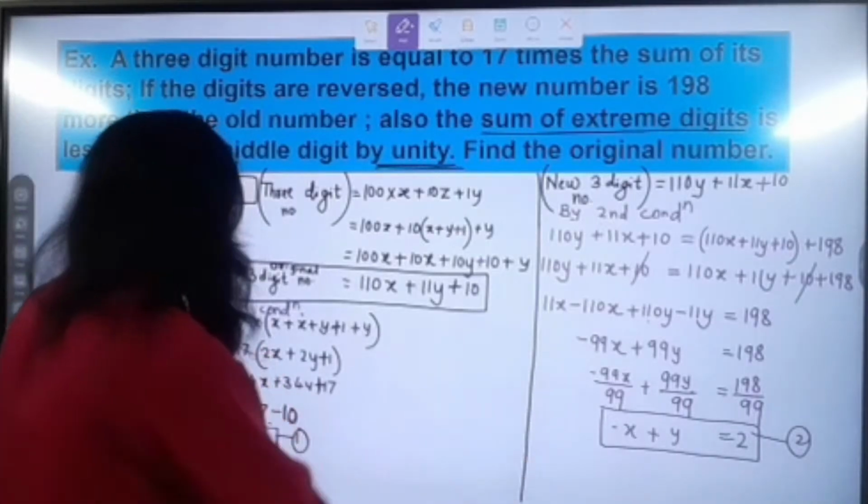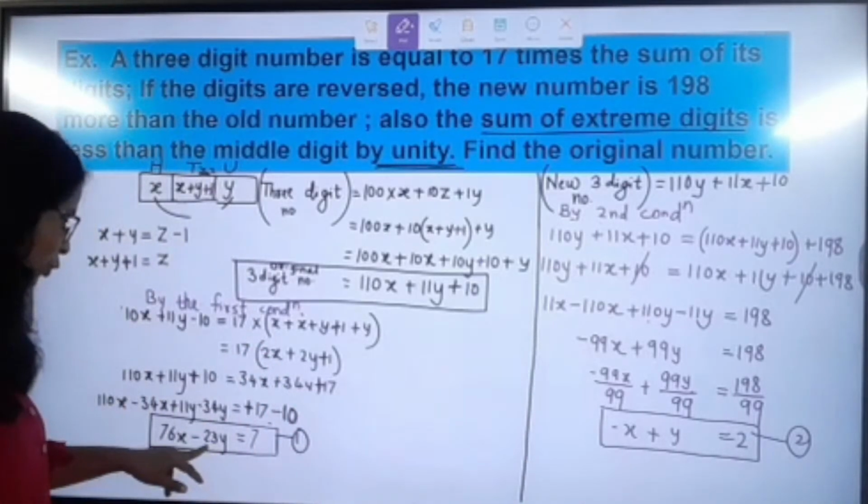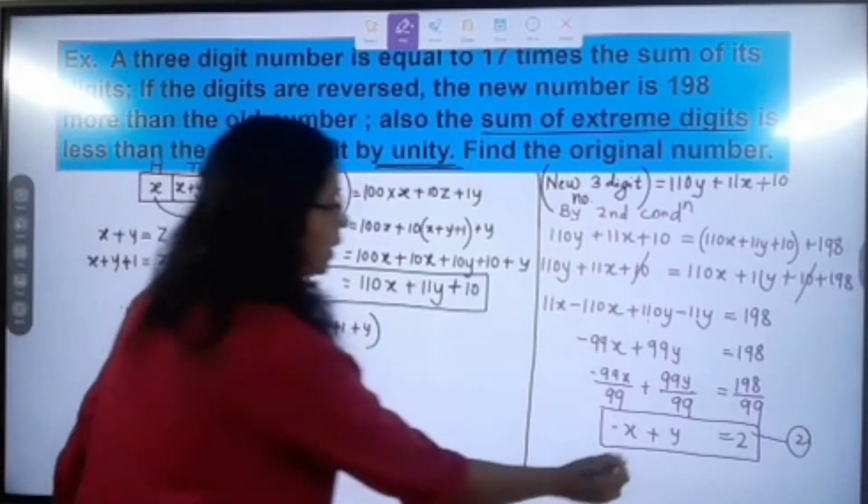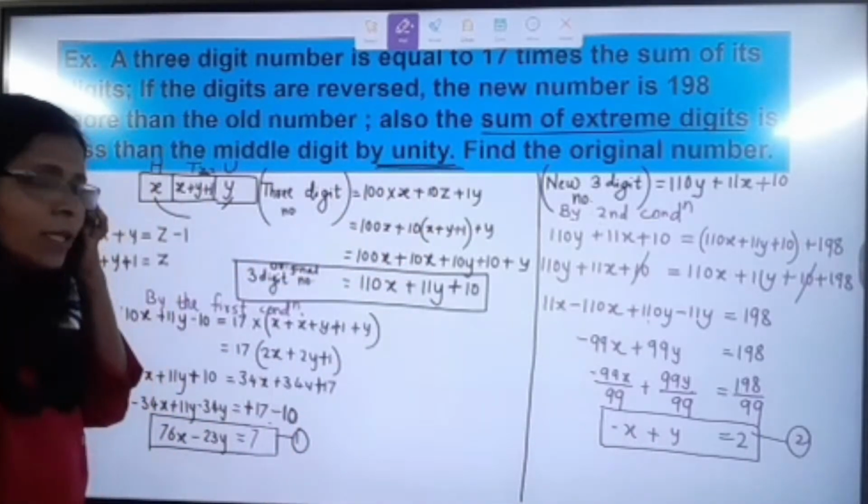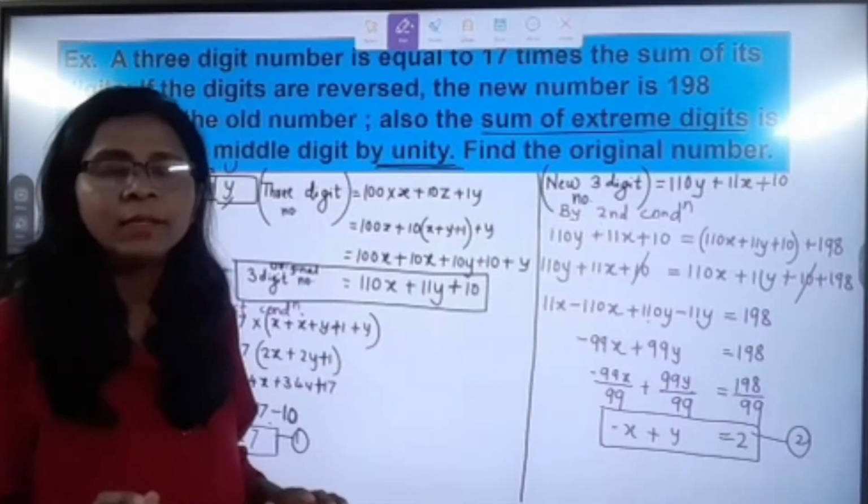So now here, students, here y has the coefficient minus 23, and here there is no coefficient, so we solve it by the equating method.